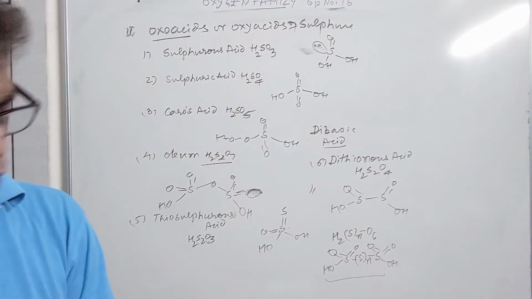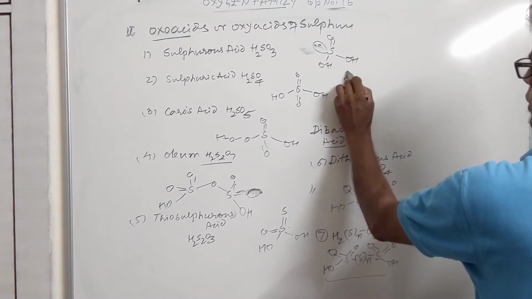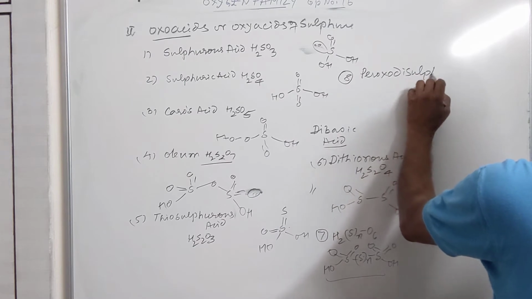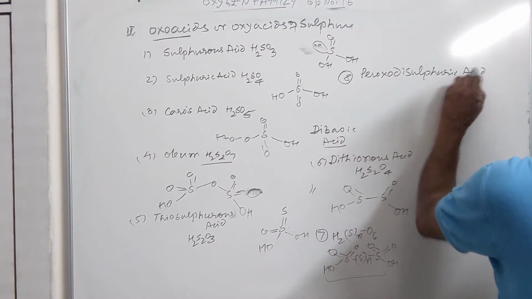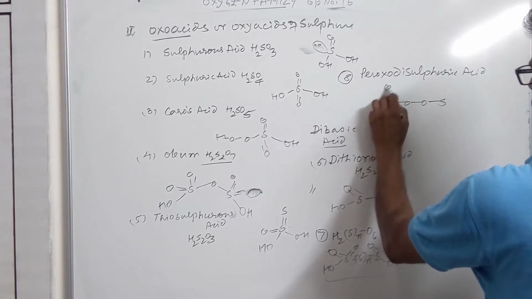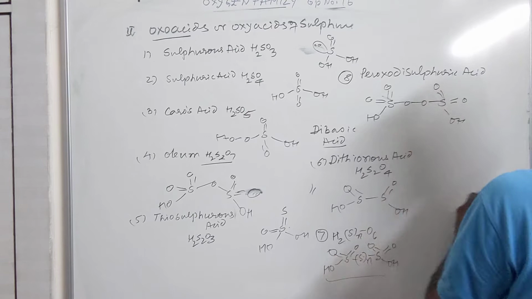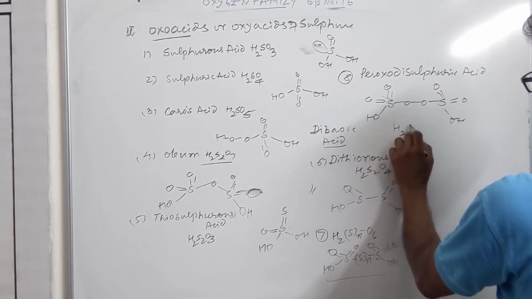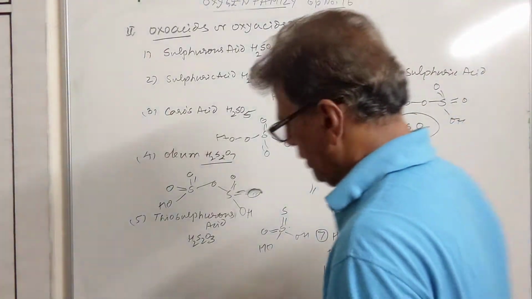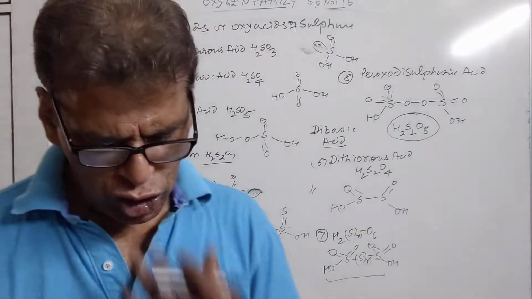Then we have peroxodisulfuric acid, H2S2O8. It has a peroxo group with 2 oxygens. So all of these oxo acids are dibasic in nature. They are capable of releasing 2 protons during their reactions.